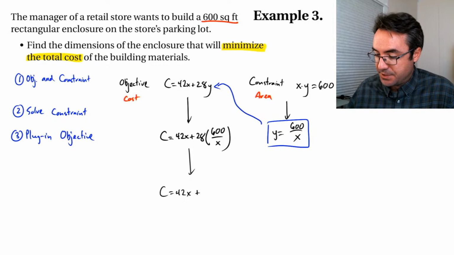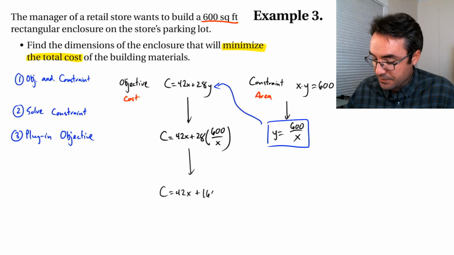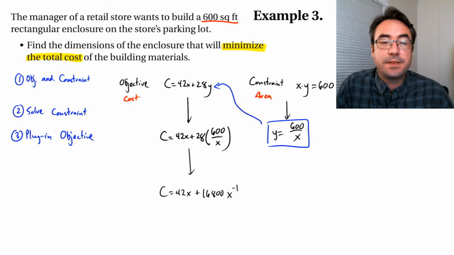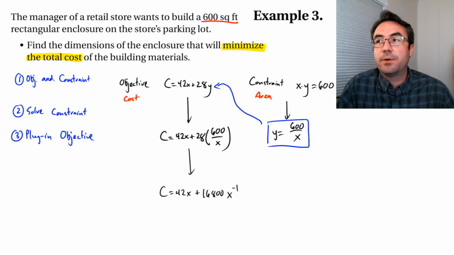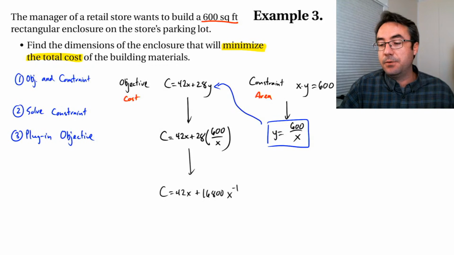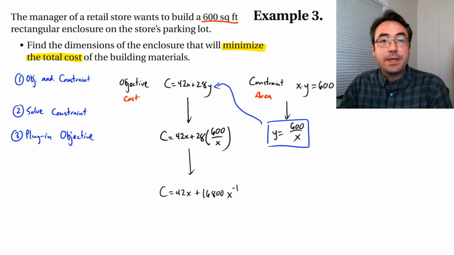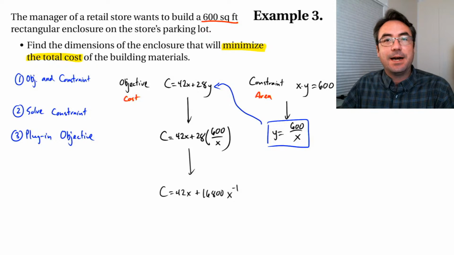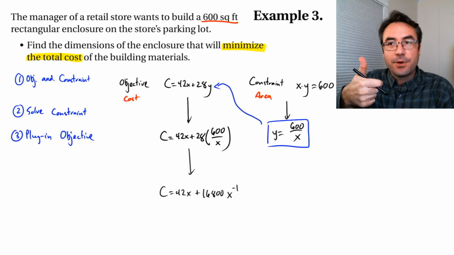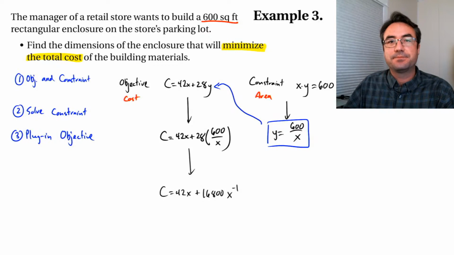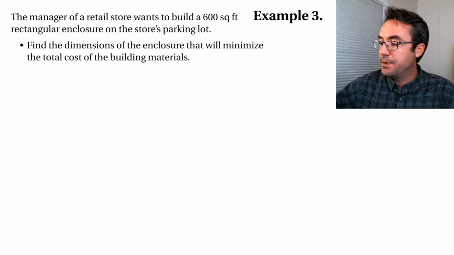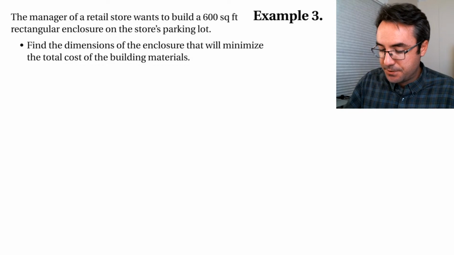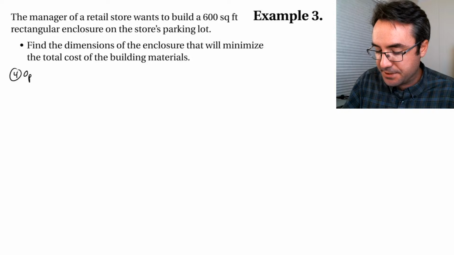So 28 times 600 is 16,800, and then instead of having the 1 over x, we'll write that as x to the negative 1. So we've got it to a point where it's a one variable function now, and we can go through our usual optimization. Find the critical numbers, test the critical numbers, and so on. So that's what we're going to do next, is we're going to go through and optimize this.